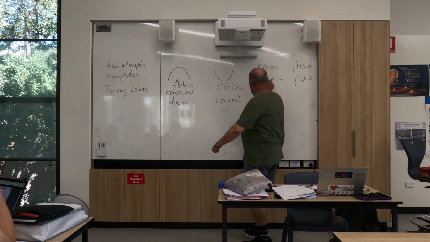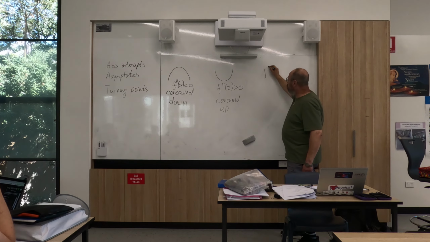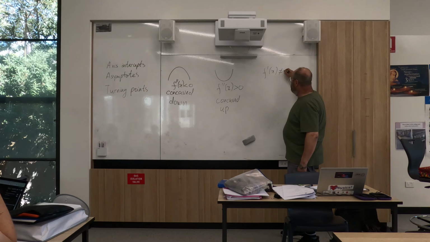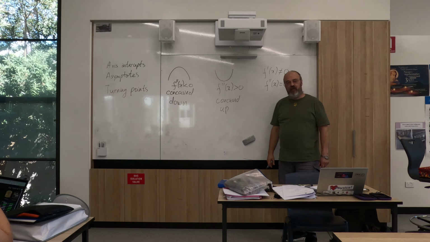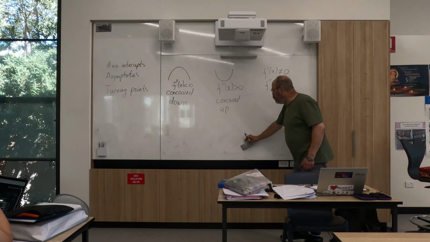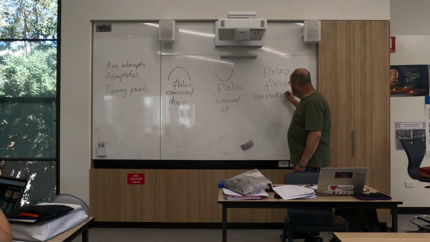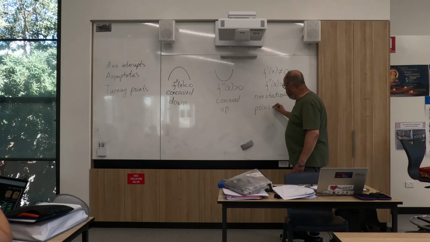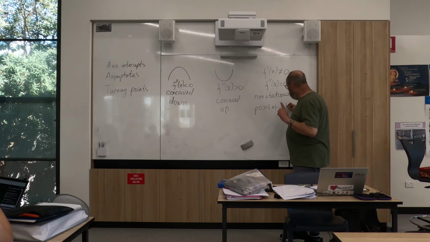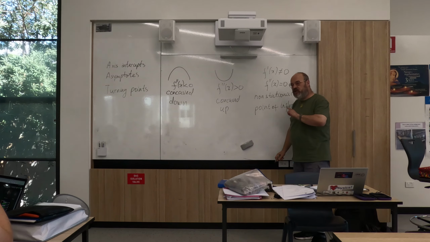And if the first derivative does not equal 0 and the second derivative equals 0, that might be a non-stationary point of inflection. Might be, because it has to be investigated. It's not 100%, we can just suspect.